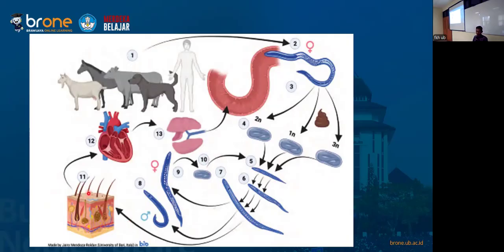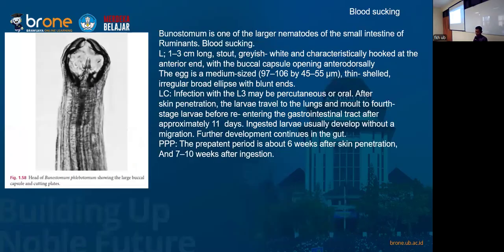The first is percutaneous and also per oral. And the route after they enter the skin, they will go to the heart by blood circulation, and go to the lung, and after that pharynx and swallow. Okay, this is Strongyloides species.